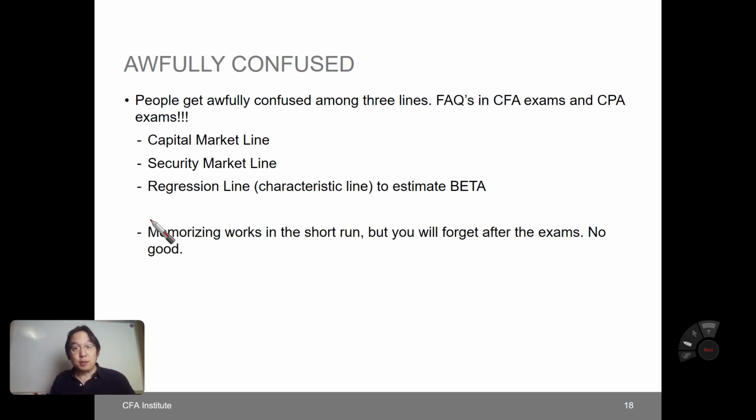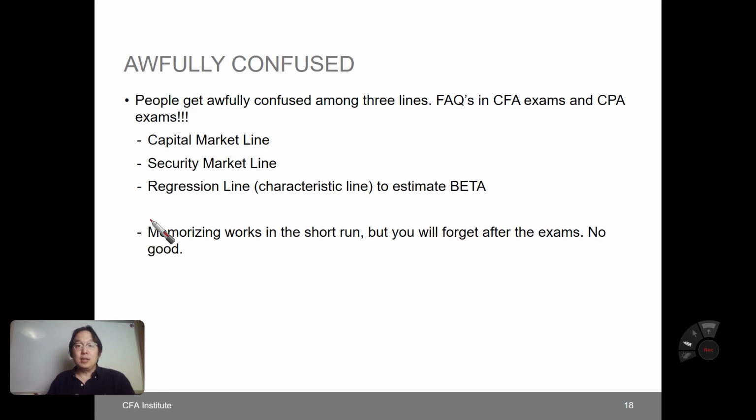Second is the security market line: security level, systematic risk, beta, and that security's expected return. Number three is the regression line, to estimate this beta. So many lines, so confusing. And that is why so many questions are asked in the exams over here.